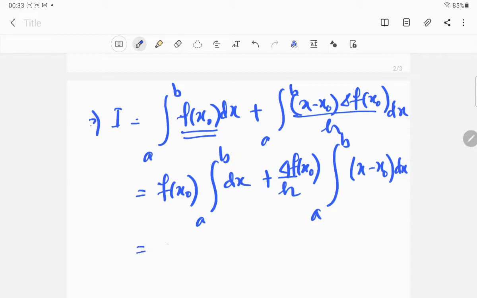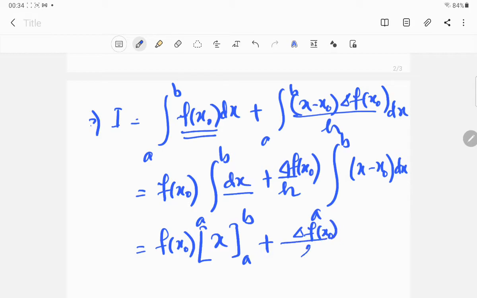Okay, so we have f(x0), since integration of dx means x, it goes from a to b, plus del f(x0) by h.